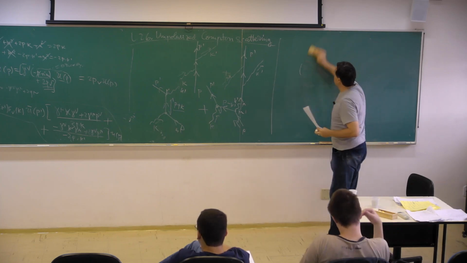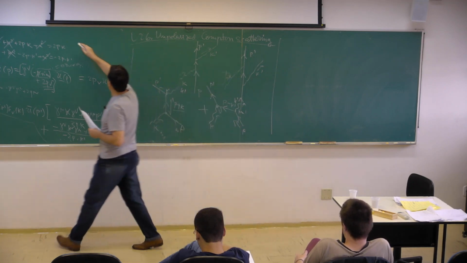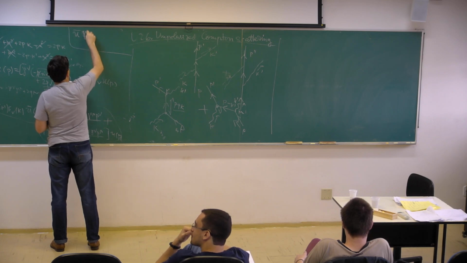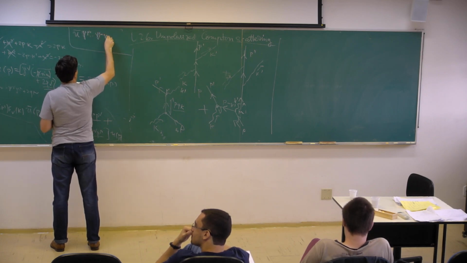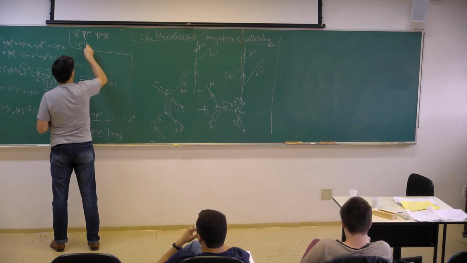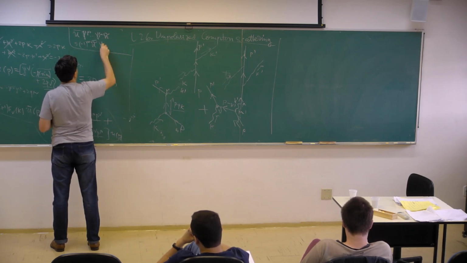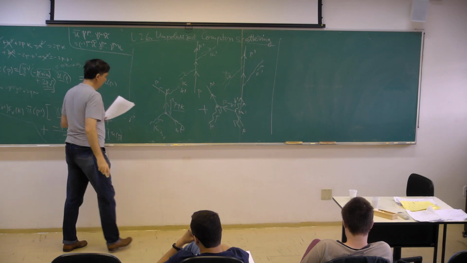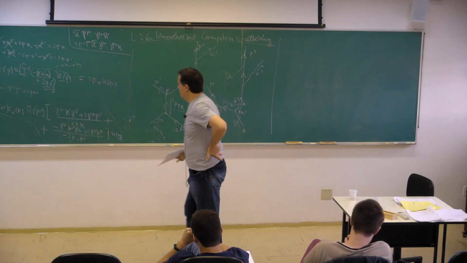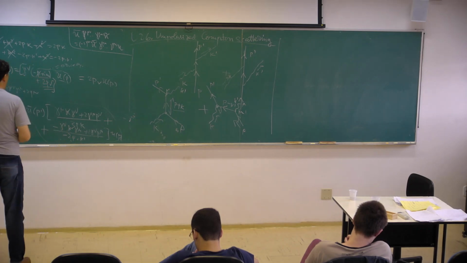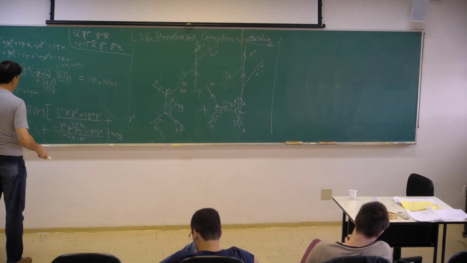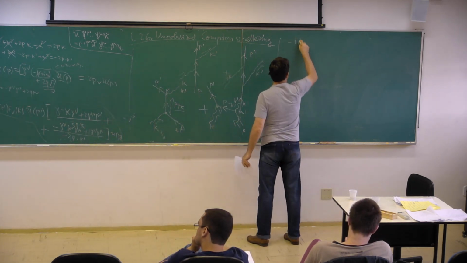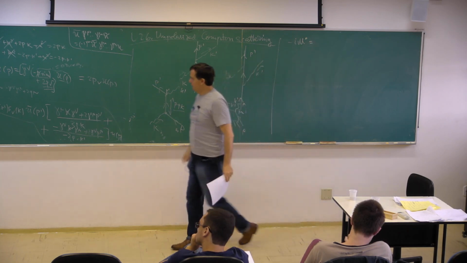So let me write it here. So u bar gamma mu 1 gamma mu n u tilde, minus 1 to the n u bar tilde gamma mu n gamma mu 1 u. So, right, then in minus I star, complex conjugate of this.